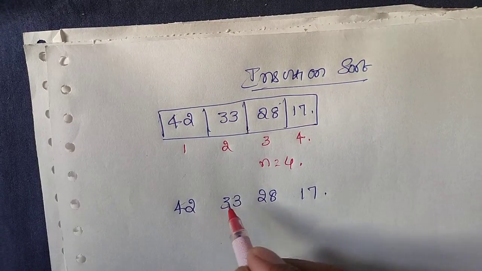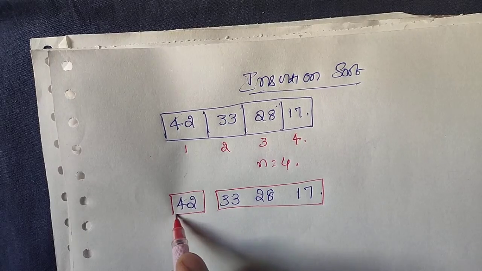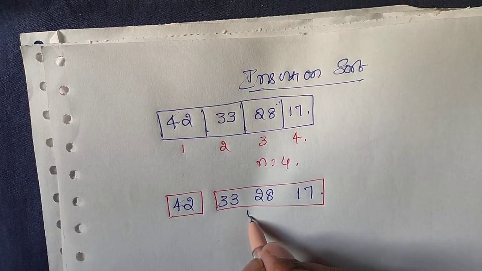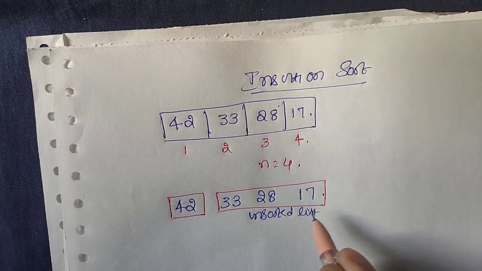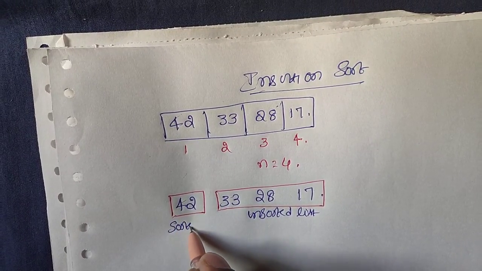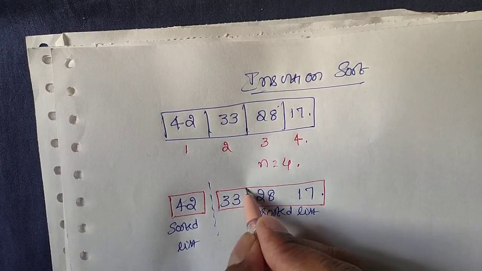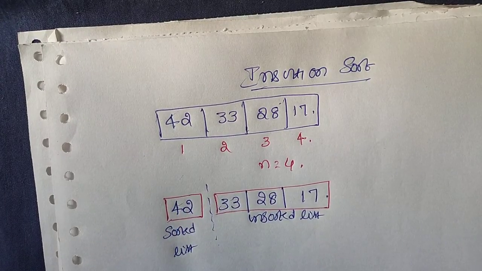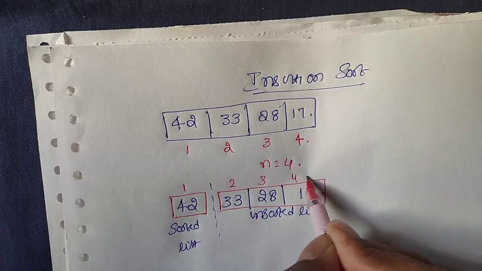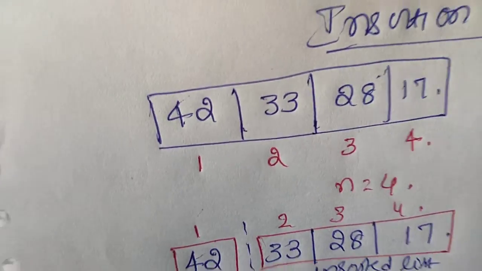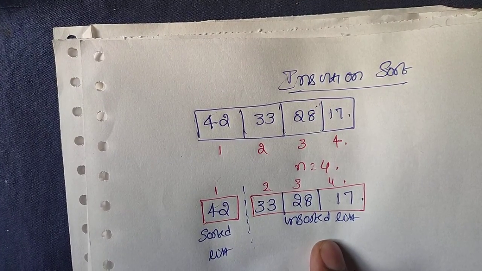This is one list and this is the other list. This is the unsorted list and this is the sorted list. It is divided into two categories, but the indexes are the same: index 1, 2, 3, and 4. I just divide it into the sorted list and the unsorted list.